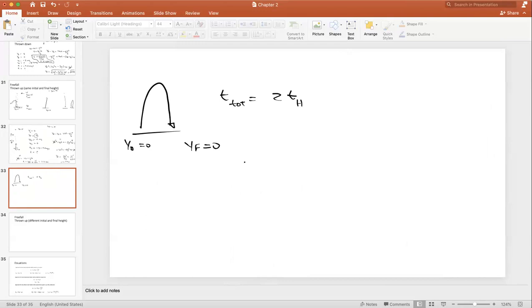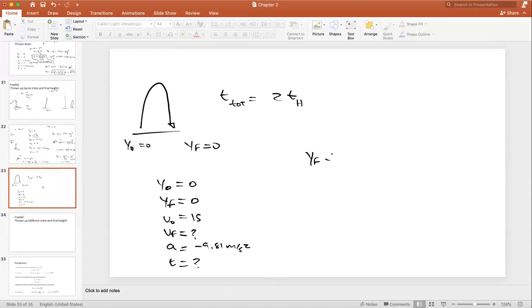We can prove that though. So now we have y initial, y final, v initial, v final, a and t. And if these are both 0, and this was 15, and this is minus 9.81 meters per second squared, we don't know what this is and we don't know what this is, but let's look at a few things.